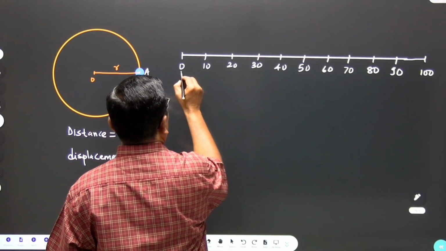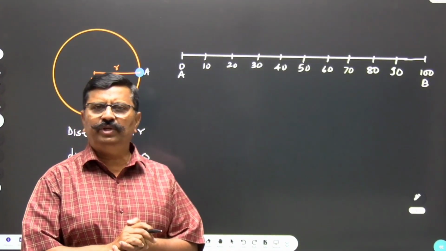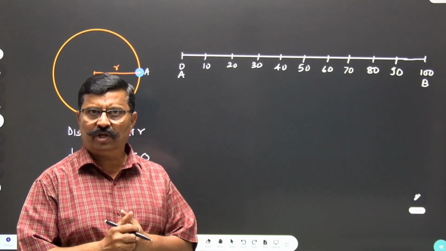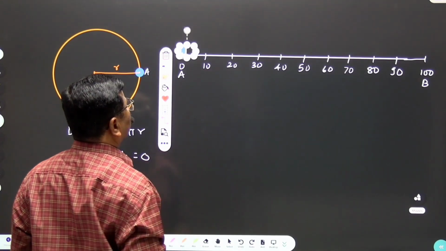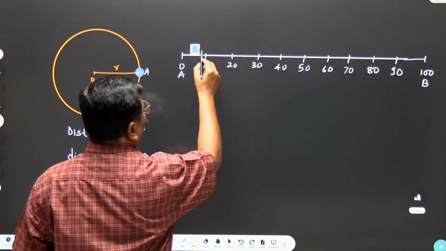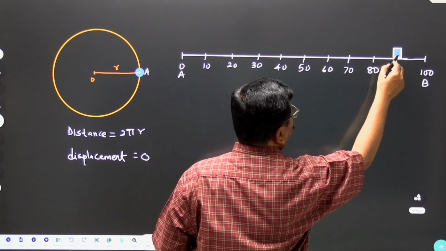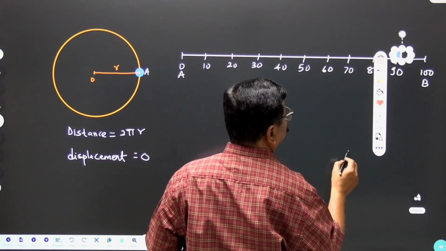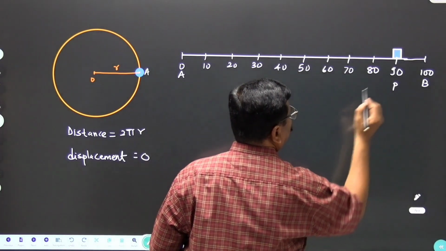It starts from point A and goes till point B. Distance between A and B is 100 meters. Now an object starts moving from point O. So it covers, say, 90-meter distance. So we'll call this point A.